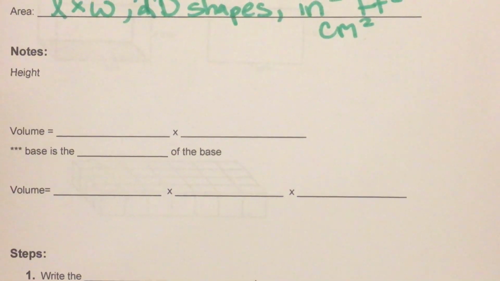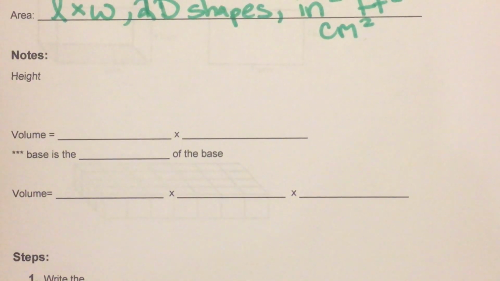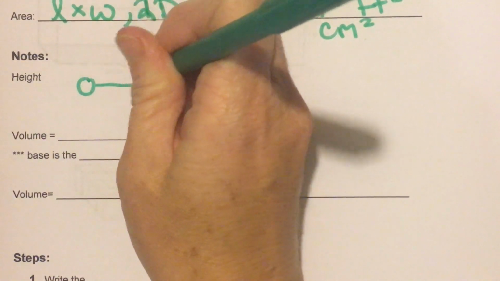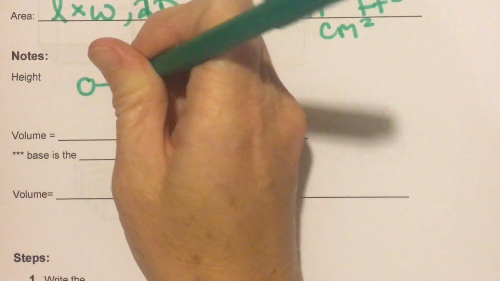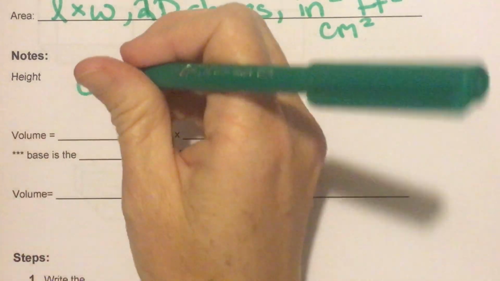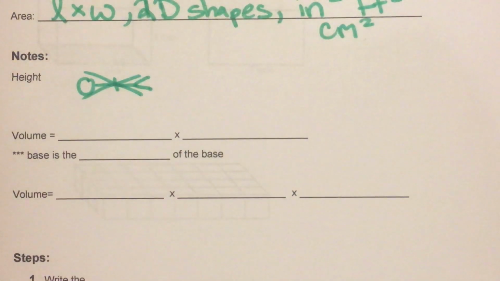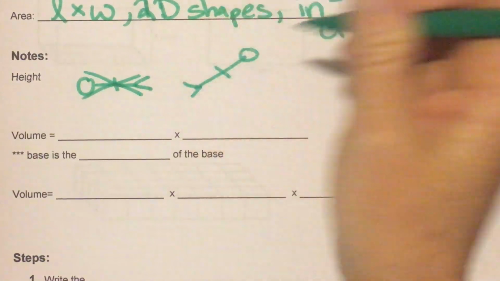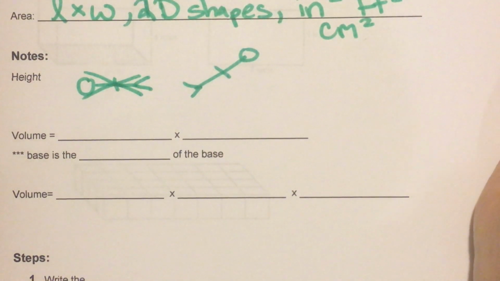Our first note is something kind of silly, but height. This seems to confuse people. When you think of height, I want you to think about your height. If you were measuring your height, would you ever lay down to have your height measured? Absolutely not. Would you ever lean crooked against a wall to get your height measured?